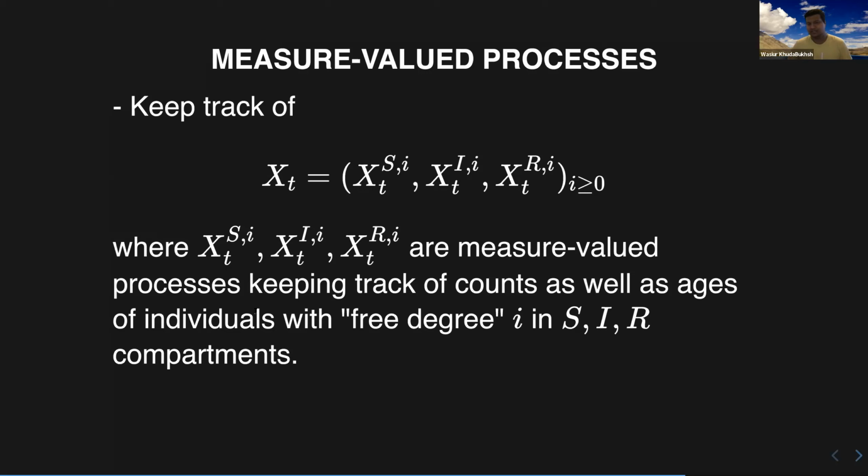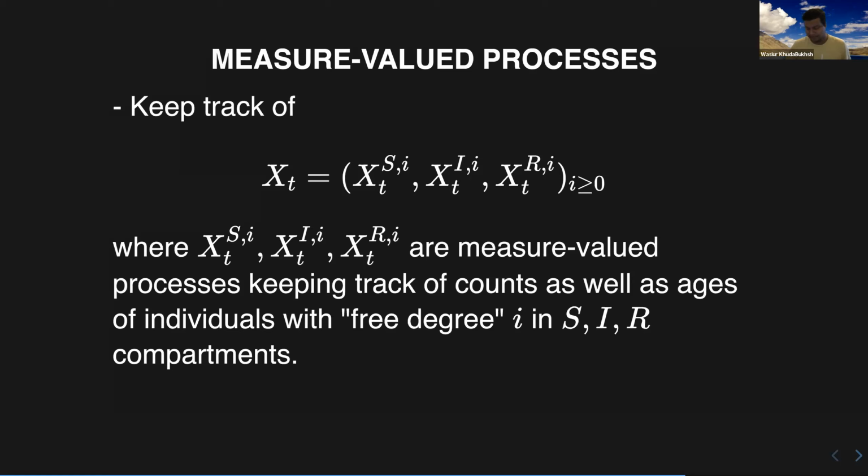So what's the age here? Age is the amount of time you have spent in a particular compartment. If you're susceptible, that's from the start of the epidemic process up until that time point. If you get infected, your age gets reset to 0, and then it moves at the same speed as physical time.